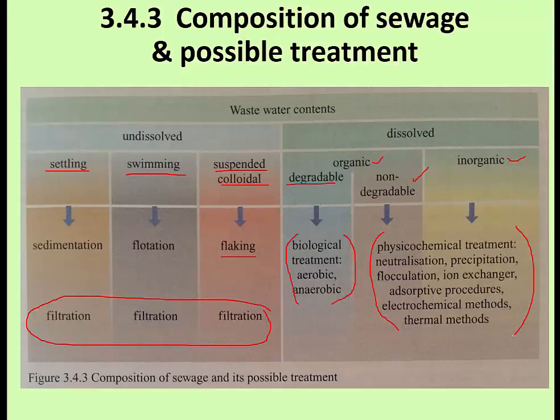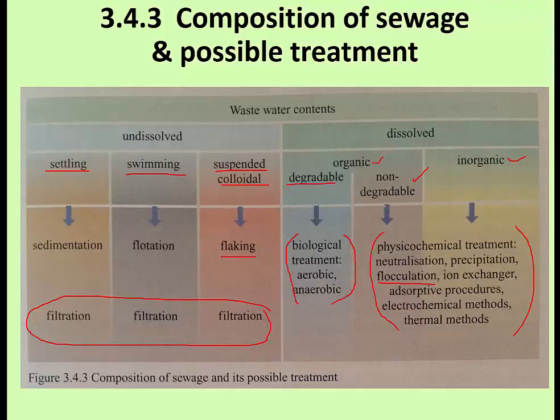Physicochemical treatment, neutralization, precipitation, flocculation. If you remember from the water quality lab that we did measuring dissolved oxygen, we produced a flocculate. So we added a chemical that encouraged those colloidal particles to come together and make large flakes, known as a flocculate. And then that can be settled out of solution and separated out, or it can be adjusted in some other way.